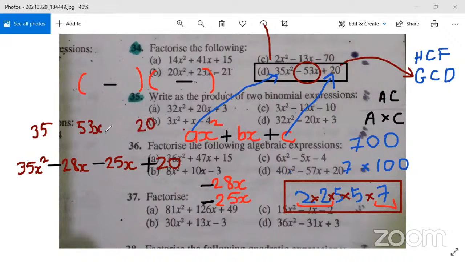You have minus, and you have your plus. So what we are seeing, let me use a different color, is that our minus 53x has been replaced with minus 28x minus 25x.